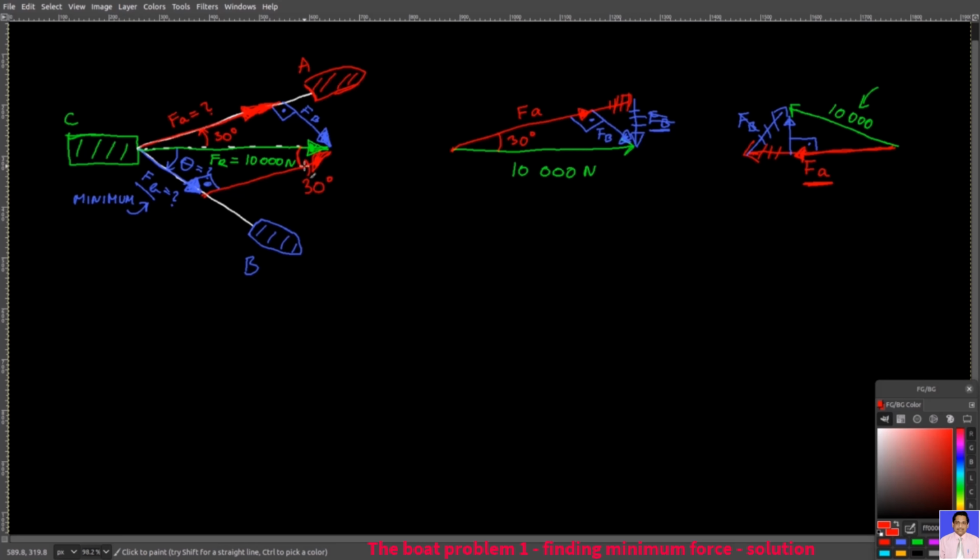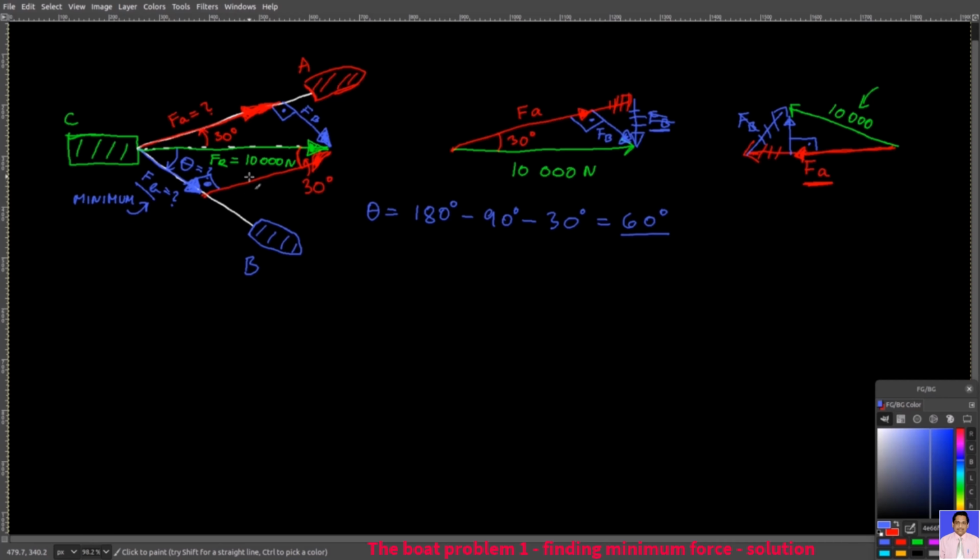So this is 30 degrees, and this is 90 degrees. So theta equals 180 minus 90 minus 30 degrees, which is 60 degrees. So when theta is 60 degrees, then you obtain your minimum FB.